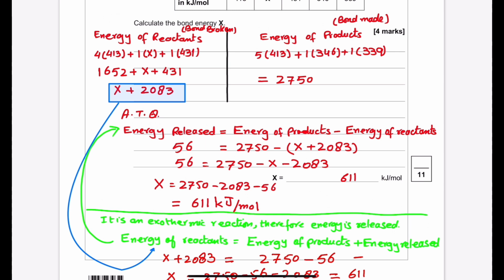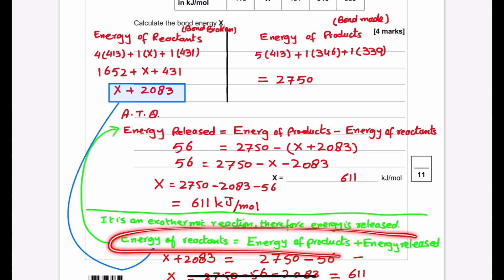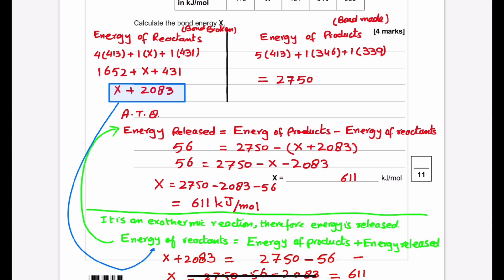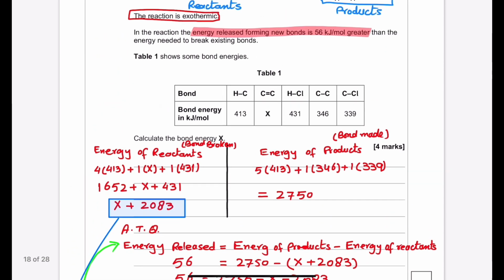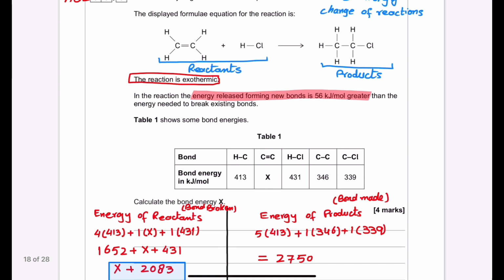The energy released is equal to energy of the products minus energy of the reactants. It's the same formula. If we use this formula, we can write in this way. The answer is 611 kilojoules per mole of energy. This energy is present between the carbon-carbon atom.